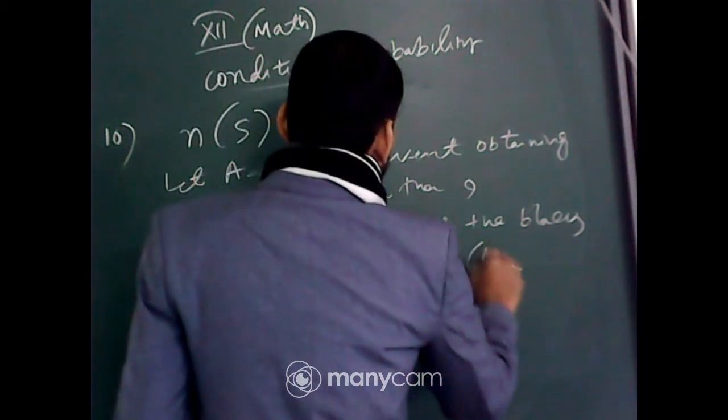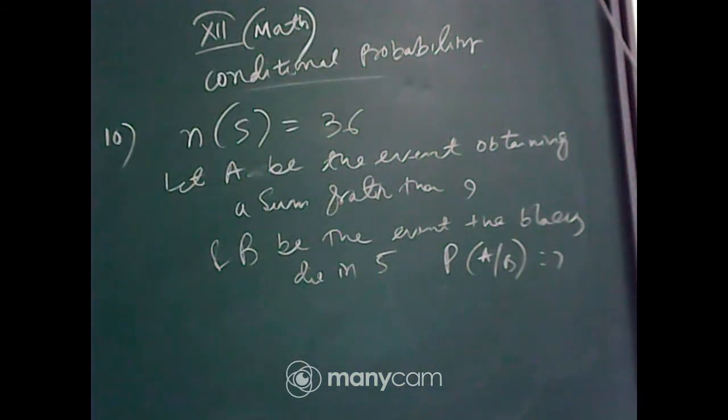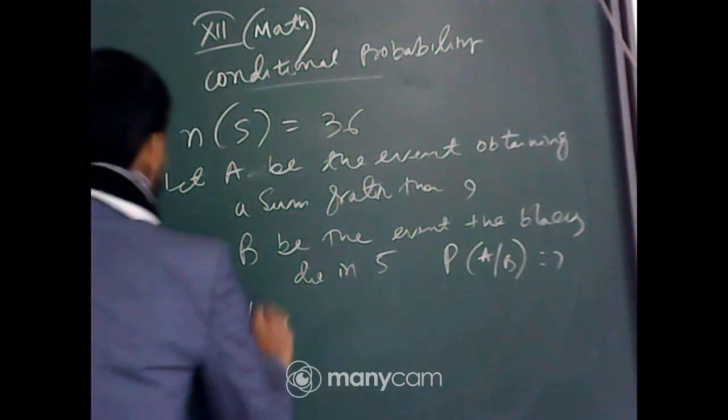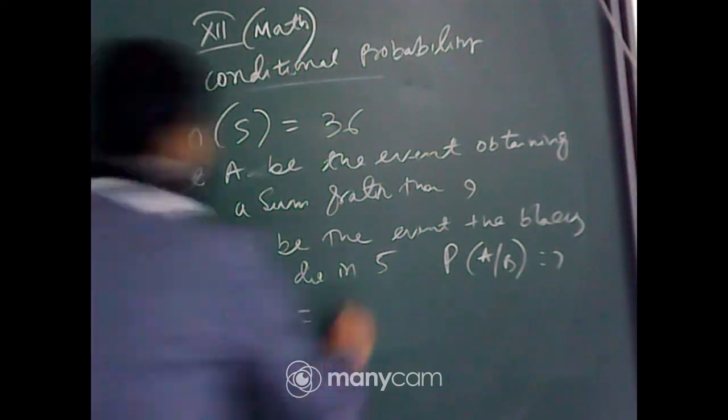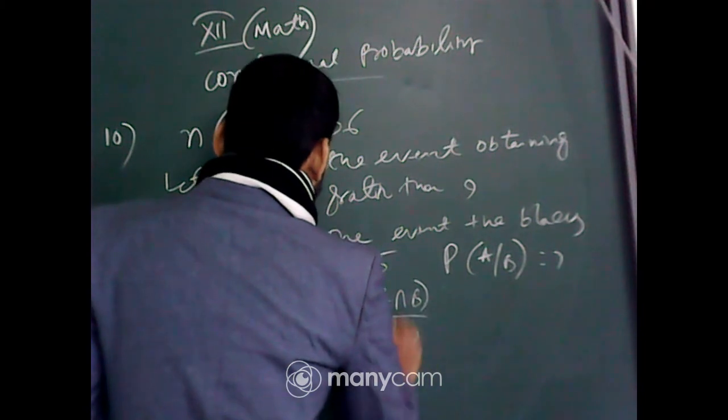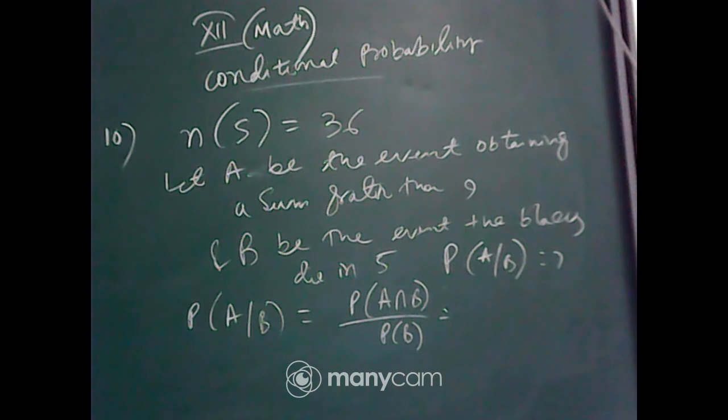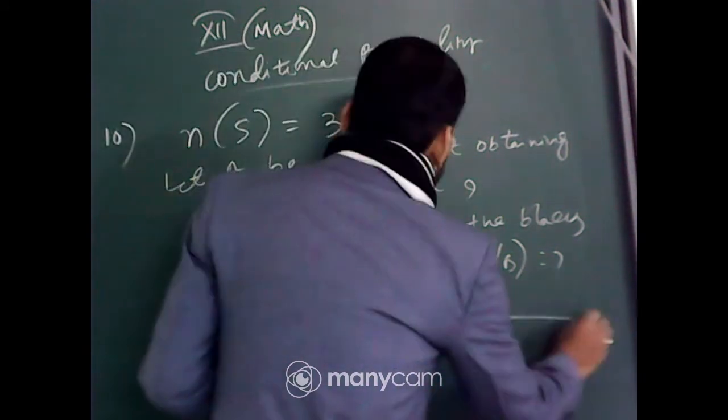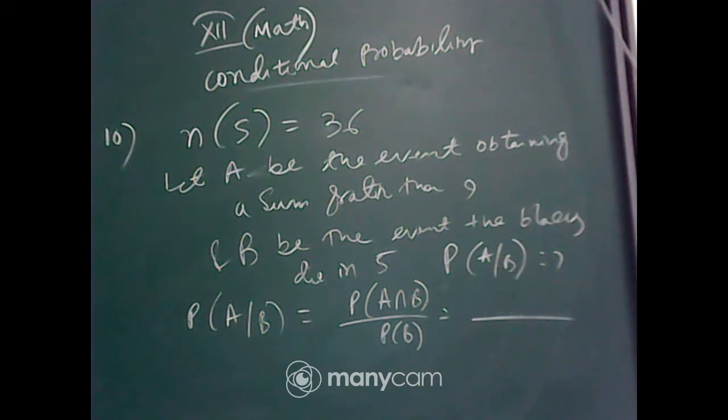So here you have to find P of A by B, that is the probability of A with respect to the probability of B, that means P of A intersection B divided by P of B. Now tell me P of A intersection B, how many favorable cases are there in the common portion of A and B? It is 2 by 36.